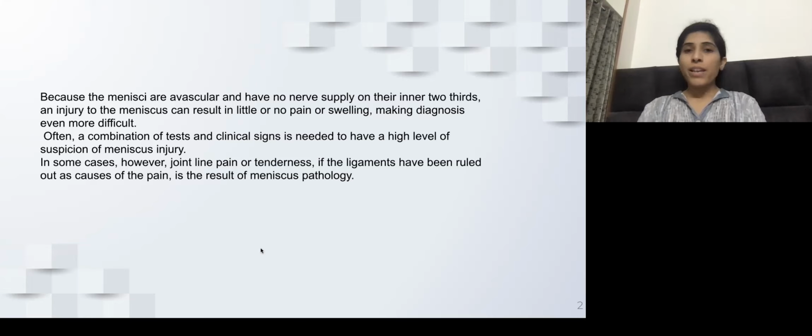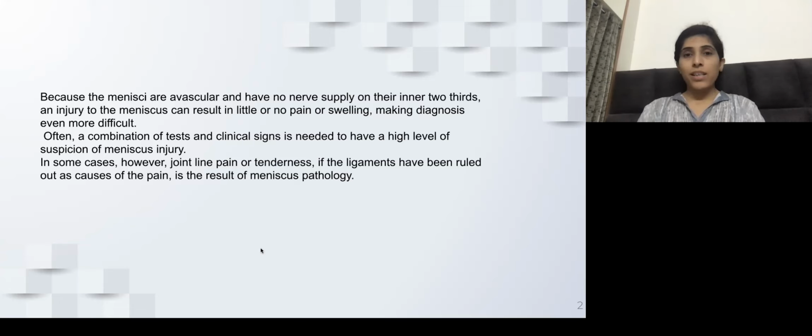As we all know, the central part of the menisci has less blood supply, so whenever an injury occurs in the central part, there are fewer chances of it healing. Whereas the periphery gets nutrients from the movement of the synovial fluid, as well as a good arterial supply.